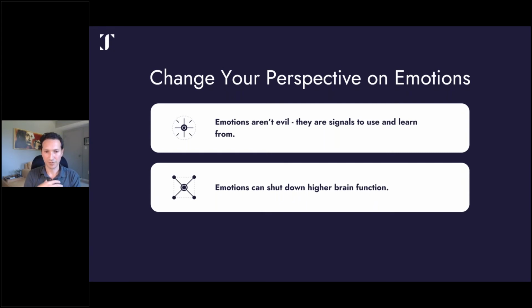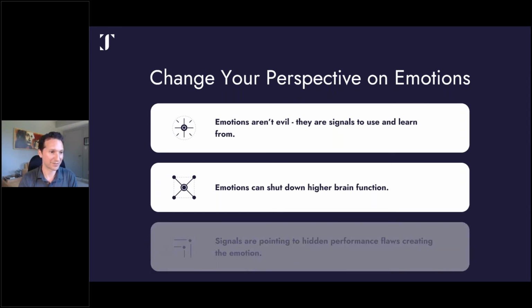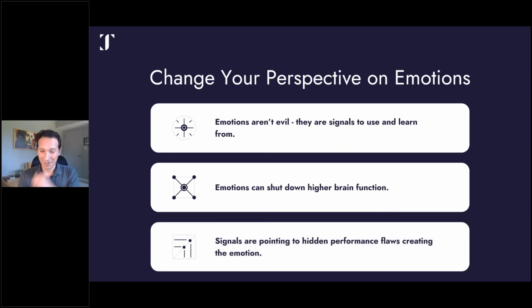Okay, so the first step in my system is mapping your pattern, so that you can identify that increase in emotion. And again, the emotions are signaling these underlying performance flaws. Once you identify the performance flaw, then you can very quickly develop a correction to it.